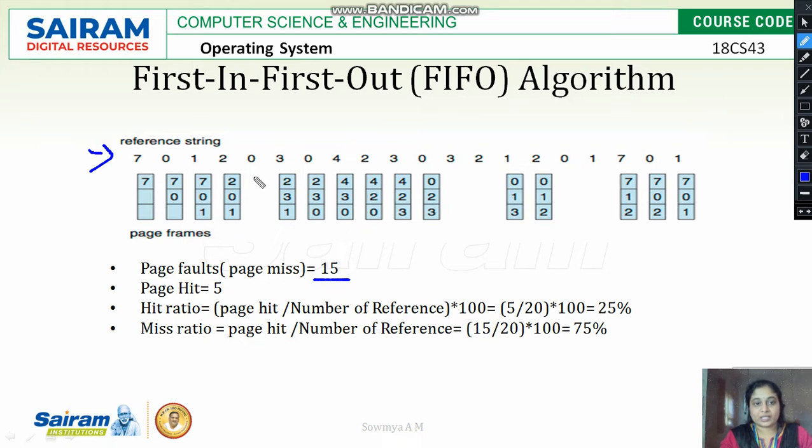Whenever a page needs to be executed and it is already present, we call that a page hit. We have a total of 5 page hits in this sequence.